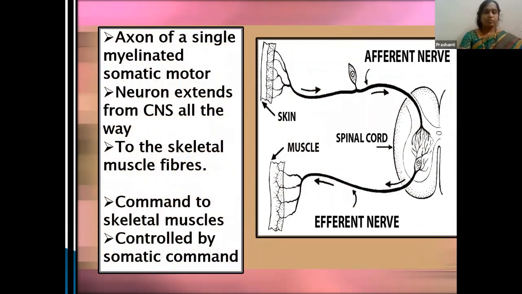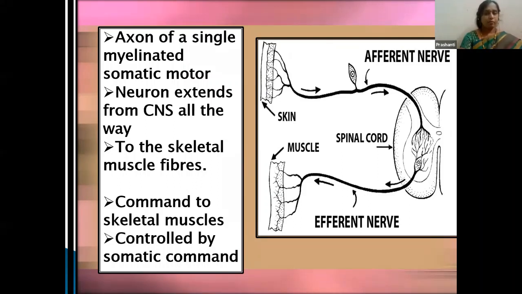The somatic nervous system sends commands to the skeletal muscles. These neurons, whether sensory or motor, extend from the spinal cord or the central nervous system all the way. So these are under our control.